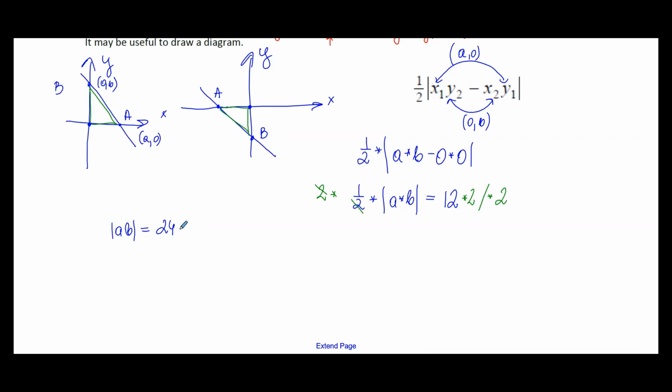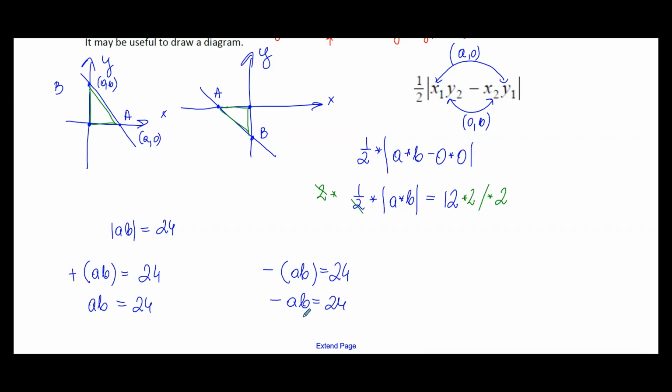So we can either use power of 2 or consider what's inside that bracket as a positive value, or we can consider it as a negative value. Because absolute value bracket means that what's inside could be positive or negative. That basically means AB equals 24, or minus AB equals 24, whichever way we want to look at it.